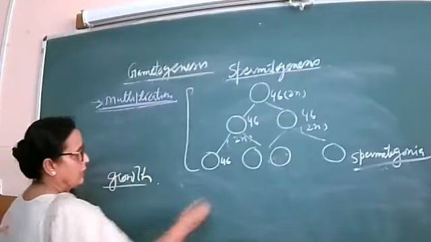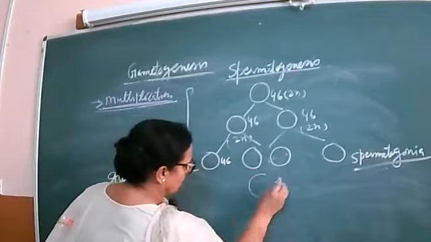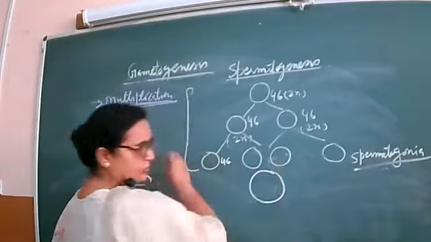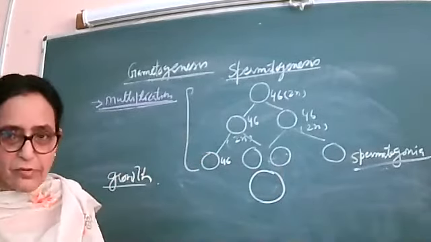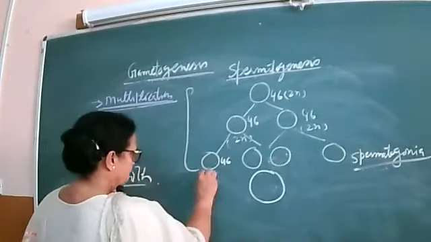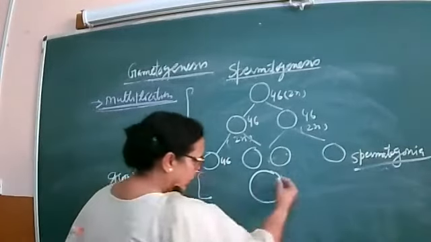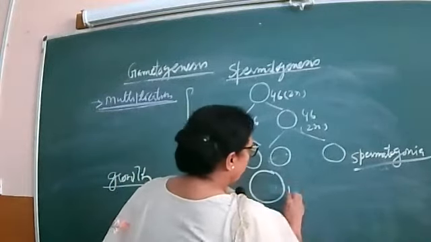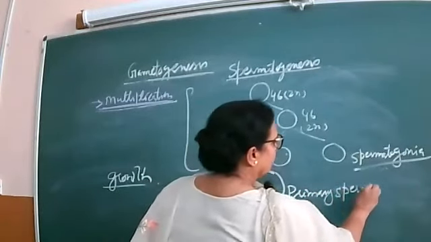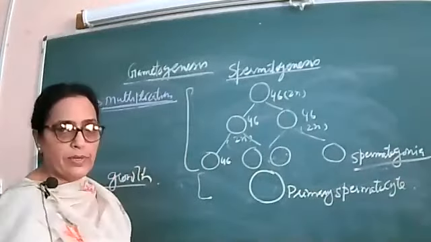Suppose I show over here one differentiated, big sized cell out of all these. That is the growth process. This is known as the primary spermatocyte.